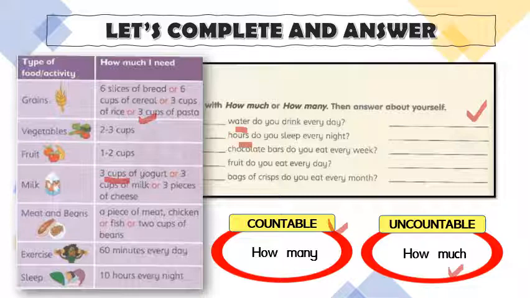Maybe you can write 5 hours like this. 5 hours every night, 7 hours every night. You just write it here. So for the rest, you think of other measurement and write it here. So good luck.